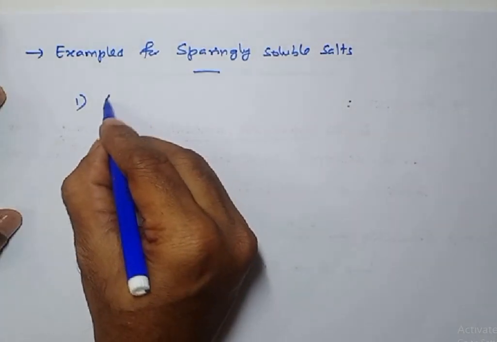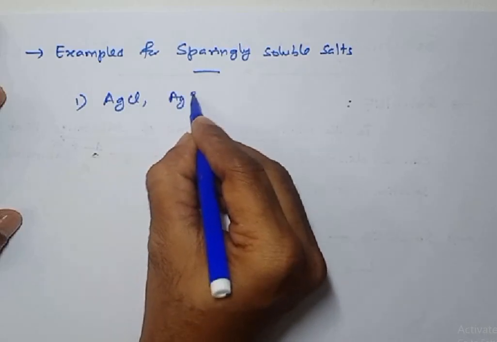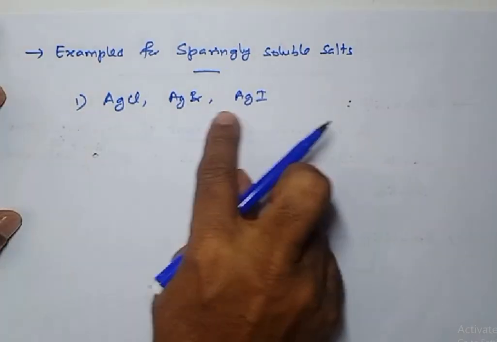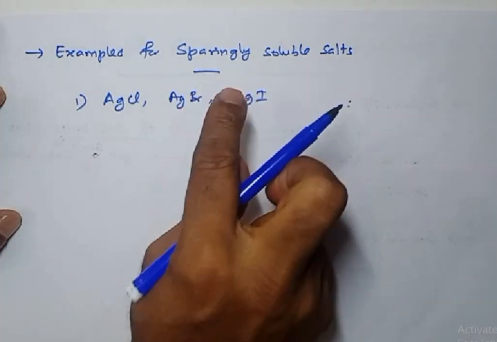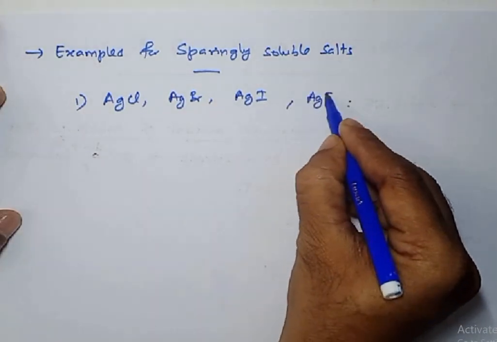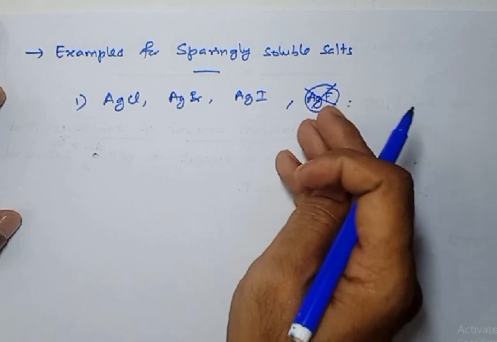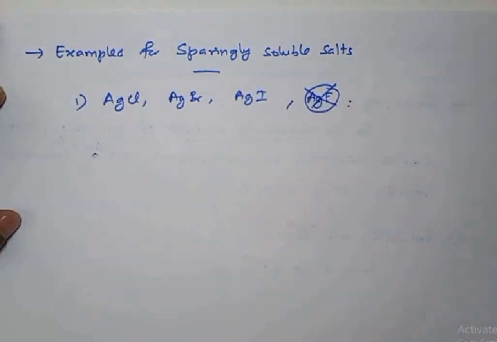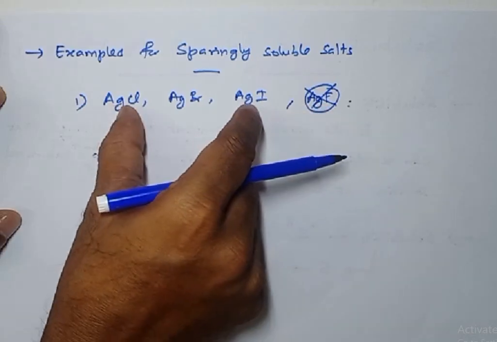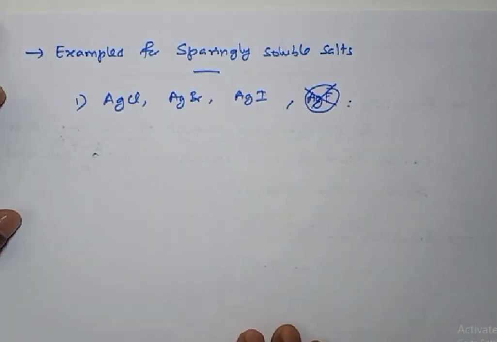Listen, silver salts like silver chloride, silver bromide, silver iodide. All these three salts are sparingly soluble in water. Remember, silver fluoride is freely soluble in water. It has a little higher solubility, so it comes under the freely soluble category. But the remaining three, silver chloride, silver bromide, silver iodide, are sparingly soluble salts.